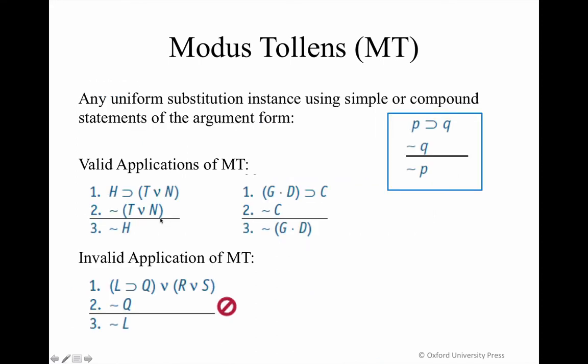Now let's look at modus tollens. Here again, in the blue box, you see the rule form, and you can notice that the consequent is denied, which yields a denial of the antecedent. You can think of an argument's content as helping you to make sense of this.